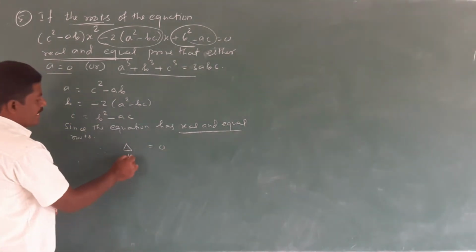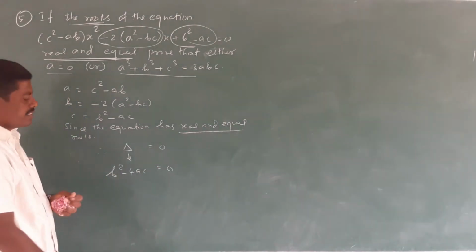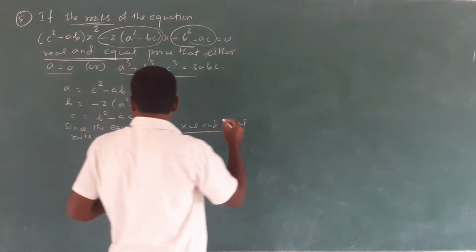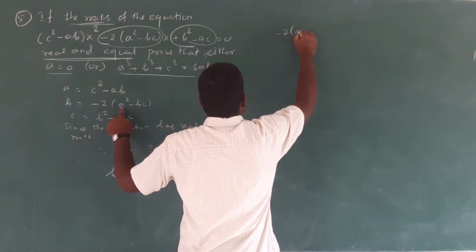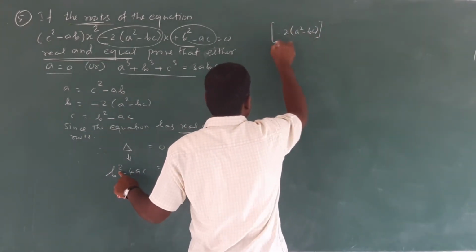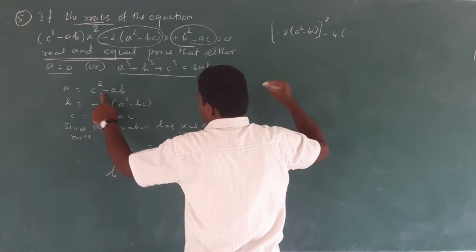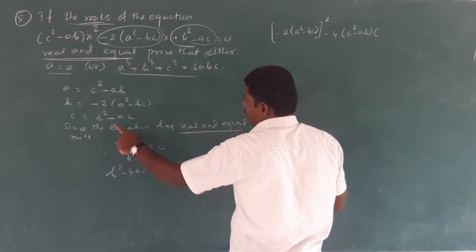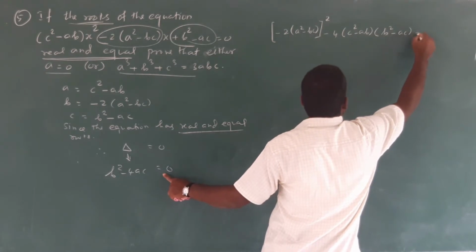Understand? So now, the delta formula: b square minus 4ac is equal to 0. Now substitute. The value of b is minus 2 of (a square minus bc), whole square, minus 4 of the value of a, c square minus ab, into the value of c, b square minus ac, which is equal to 0.